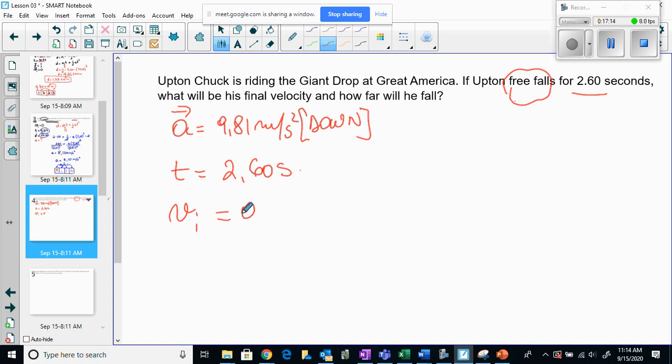Imagine we have an object at a certain height. You are on a balcony of a high-rise building and you are dropping the object. Dropping it means that the initial velocity is equal to 0, and you are looking for the final velocity.